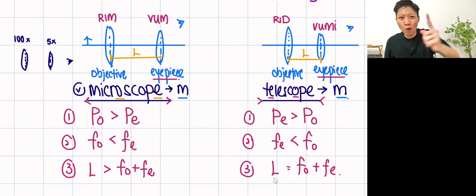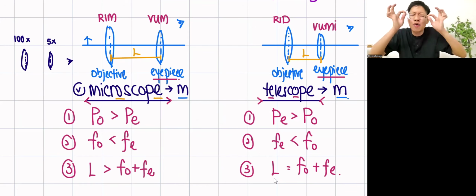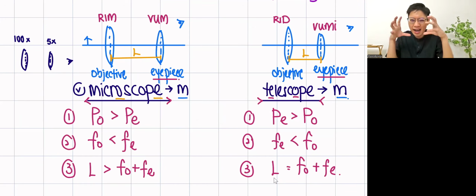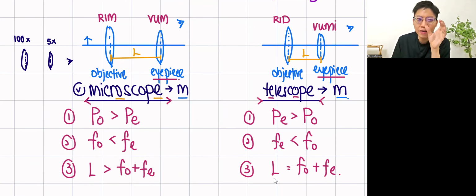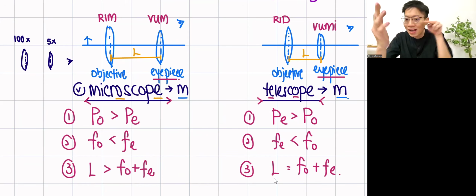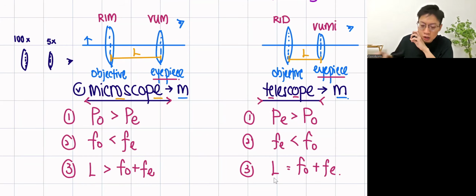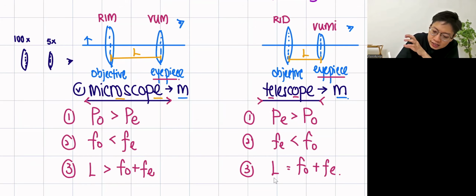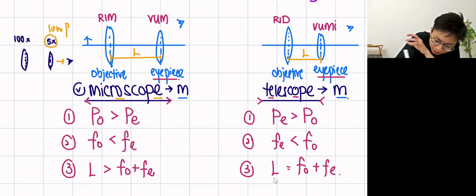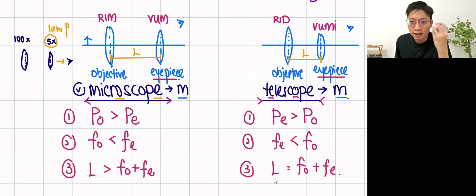I go and wear the 1000 specs. Once I wear it, my eye will try to adjust. So it is very bad for my eyes if I look at the 100x directly. So they will make sure that the one nearer to your eye has lower power so that it doesn't affect your eye so much. Understand or not?